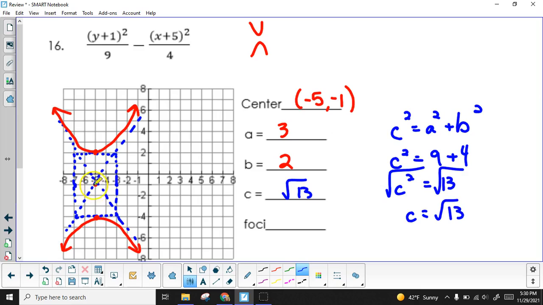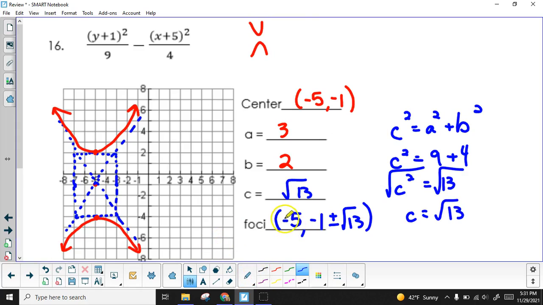And since this opens vertically, that means we're going to go up square root of 13 and down square root of 13 from our center point. So our x-coordinate is -5, and then our y-coordinate -1, and that's where we're going up and down square root of 13. And so these would be the values.